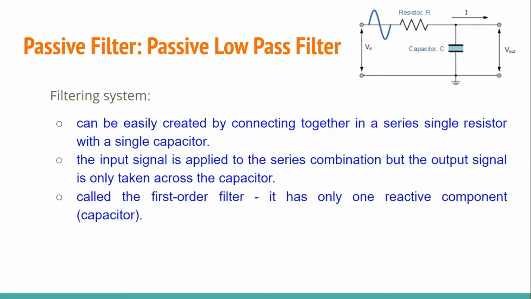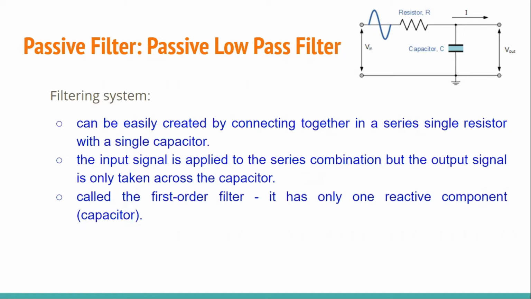Thank you. Assalamualaikum and hi, I'm Aishah and I will explain the passive filter theory and transfer function. So we are studying the passive low-pass filter. The filtering system can be easily created by connecting together in series a single resistor with a single capacitor. The input signal is applied to the series combination, but the output signal is only taken across the capacitor.